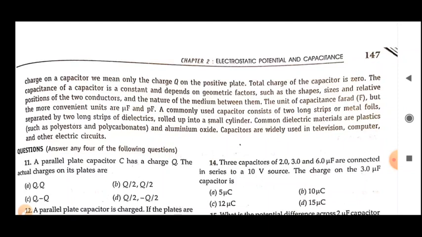The commonly used capacitor consists of two long strips of metal foil separated by two long strips of dielectric, rolled up into a small cylinder. Common dielectric materials are plastic, polyester, polycarbonates and aluminium oxide. Capacitors are widely used in television, computer and other electrical circuits.